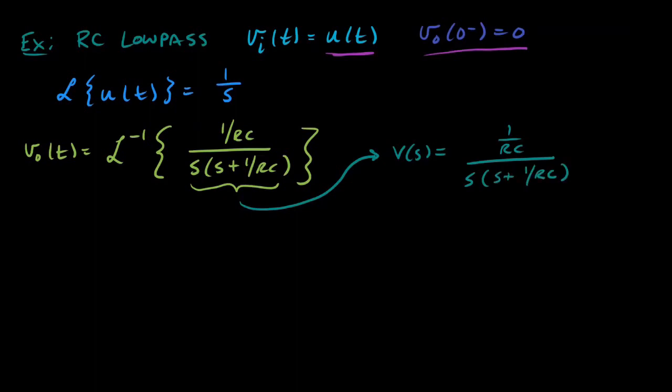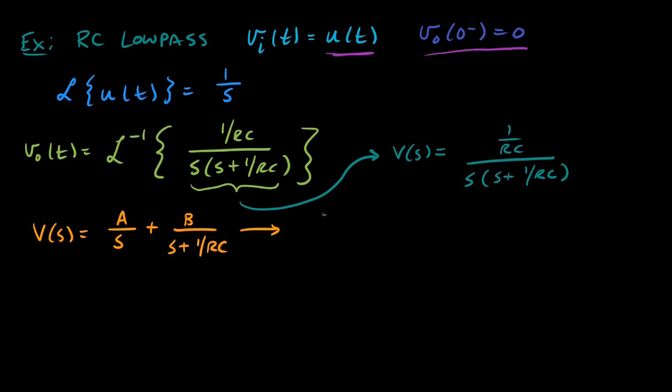And then I know I can do partial fraction expansion on that. In doing so, I'm going to be able to write V of s as A over s plus B over s plus 1 over RC. And when I do that, I'm going to find that A is going to be 1 and B is going to be minus 1.